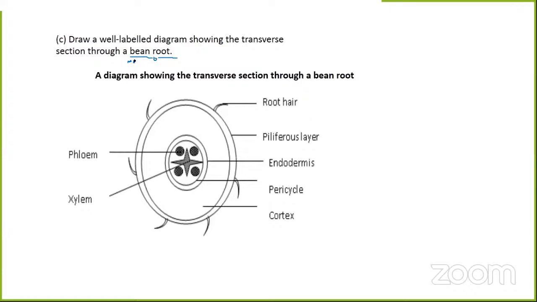Whether they use mango root, bean root, or jackfruit root, as long as you have detected that it is a dicotyledonous plant, the transverse section always has the same pattern and same drawing. And how do you know that it is actually a dicotyledonous plant?